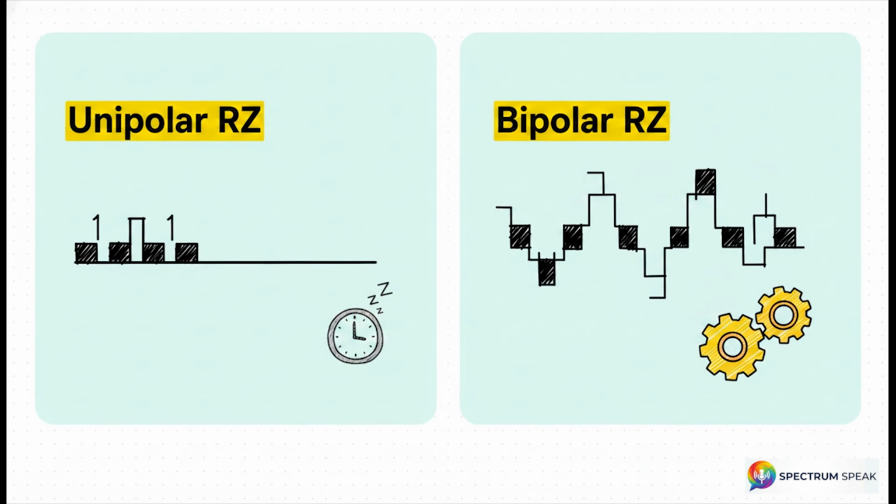So let's just put them side by side. Unipolar is definitely simpler, but it has that fatal flaw with long strings of zeros. Bipolar RZ, on the other hand, is a bit more complex. You need circuitry for 3 voltage levels, but it gives us what we really want: guaranteed, rock-solid clock recovery, baked right into the data stream itself.